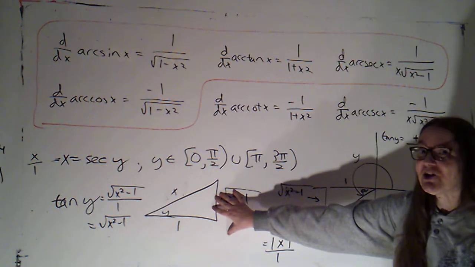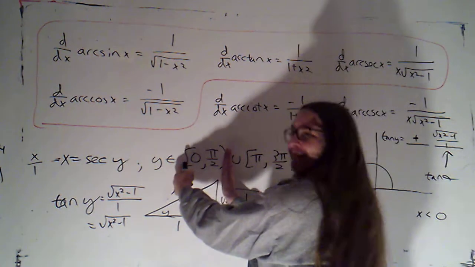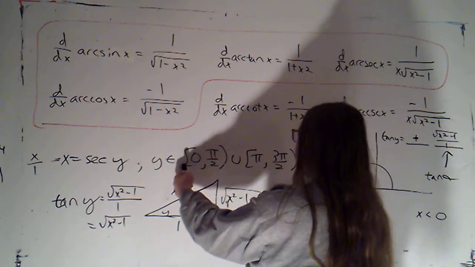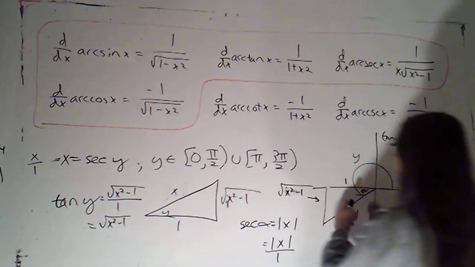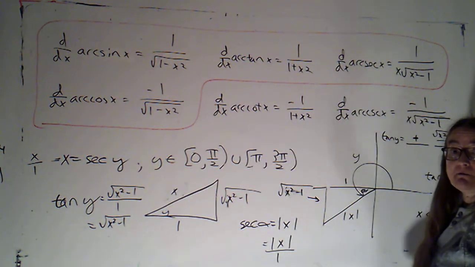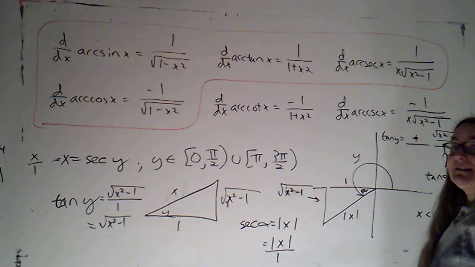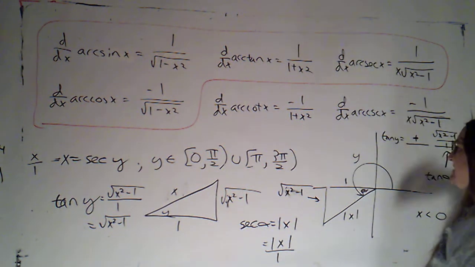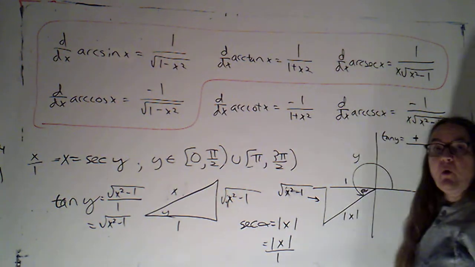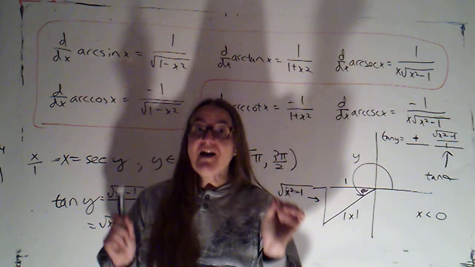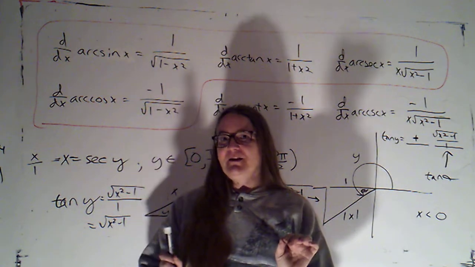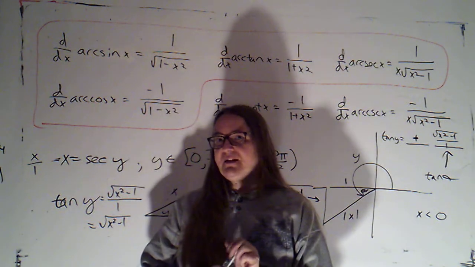But this picture only proved it half of the time. If I want to prove it all of the time, I need a second picture for my angle in quadrant 3. And that's particularly important with secant and arcsecant, because if we were in quadrant 2, we would not get the same formula. We would get different formulas.